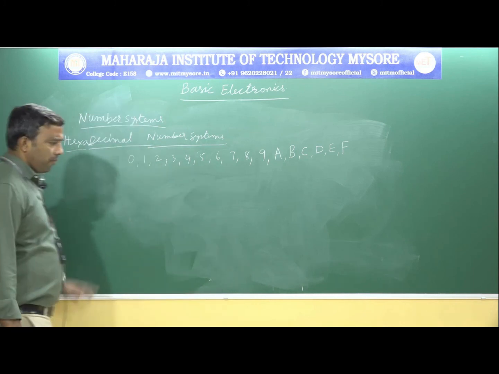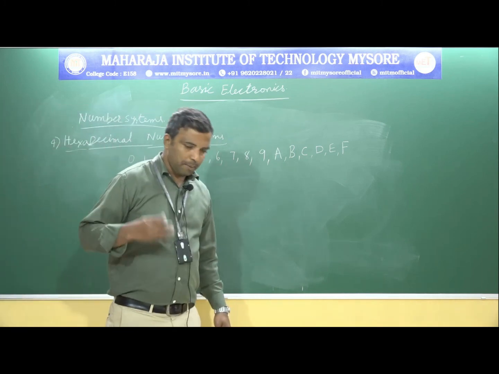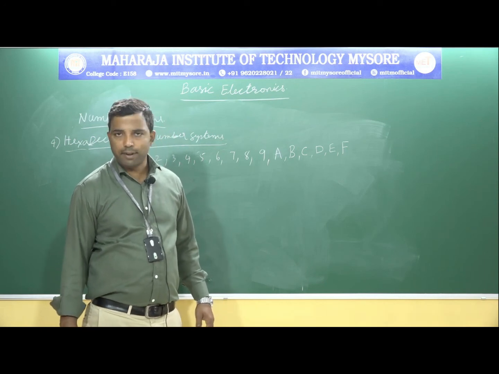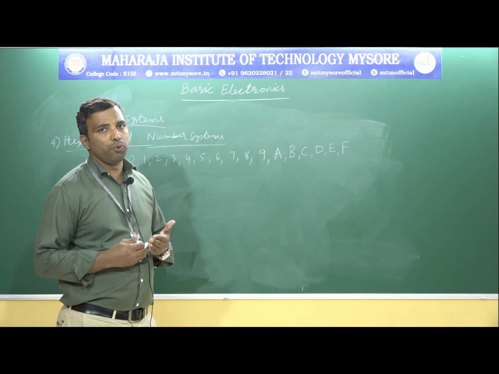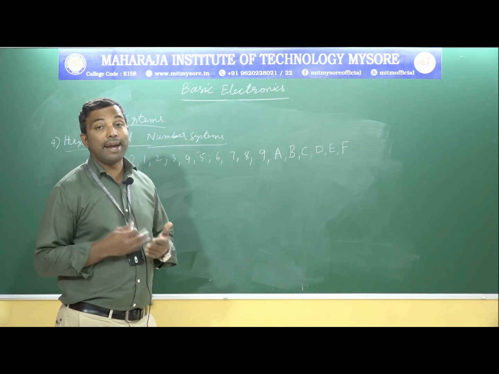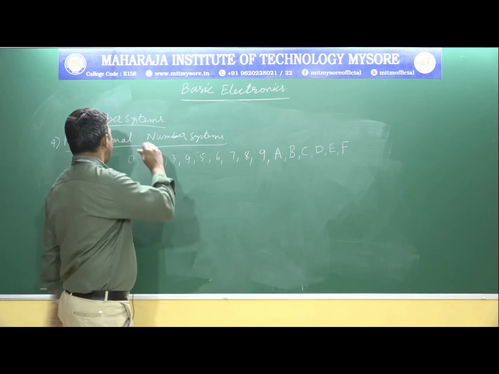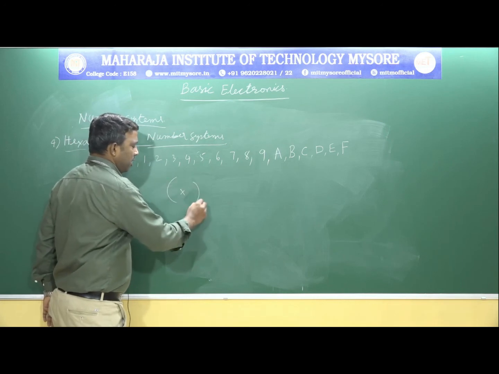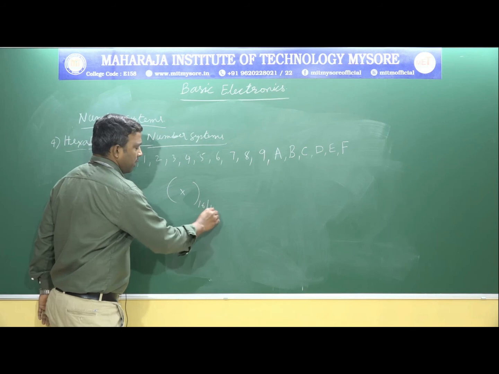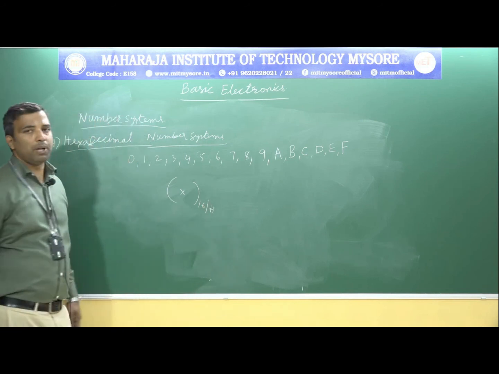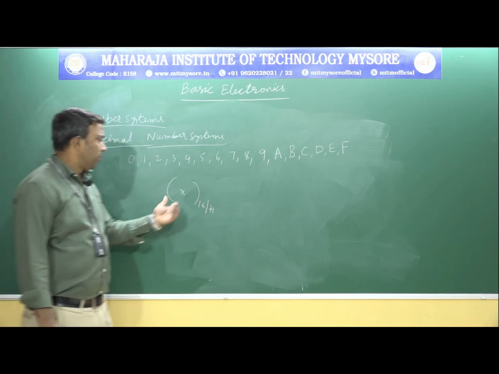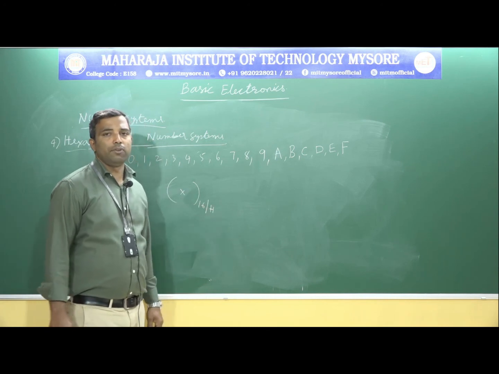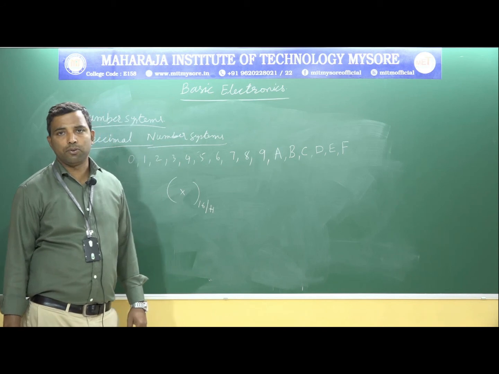Similar to binary, decimal and octal, the positional values here are based on the radix value. The radix for the hexadecimal number system is 16, which we represent by capital H. A number with base 16 or H is a hexadecimal number.